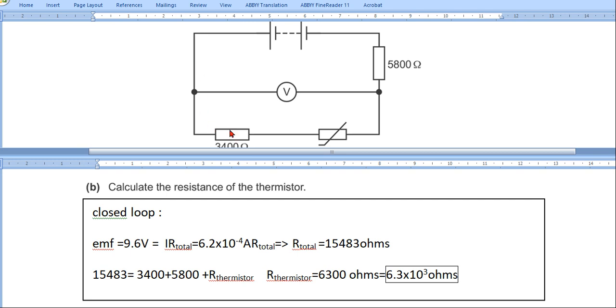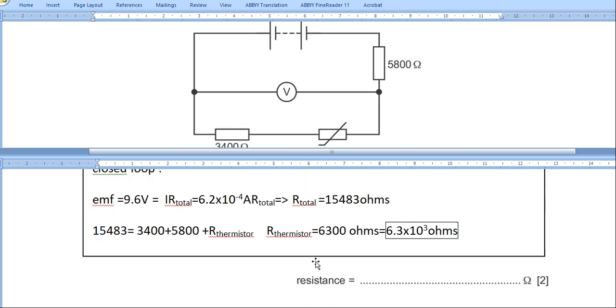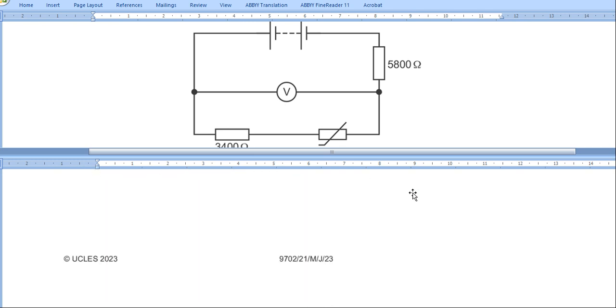So we take now this big loop and total resistance is sum of all resistance including resistance of thermistor. So we know total resistance, we know two resistors, and we can calculate thermistor resistance. So this is the result.